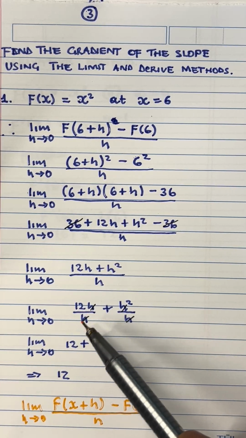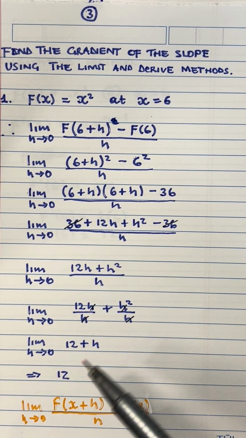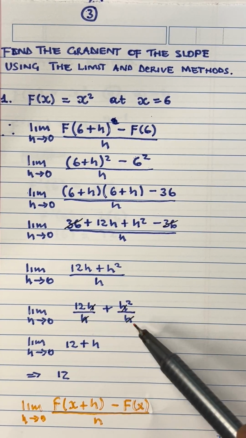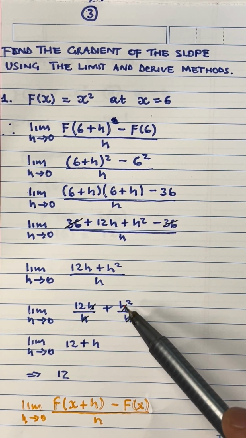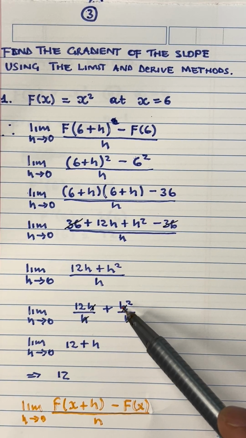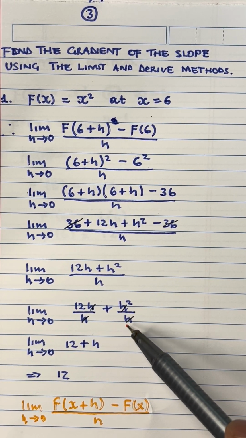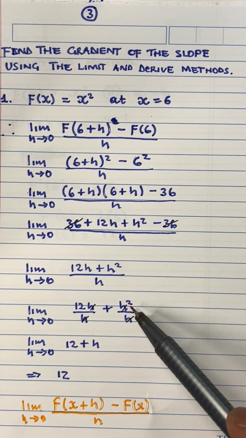So 12h divided by h plus h squared divided by h. In that way, you're going to cancel the h's on 12. But on this one over here, this h is only going to cancel one of the h's that are here, because these ones are 2 h's. It's h times h. So one h is going to go down, and then you'll be left with 1h.